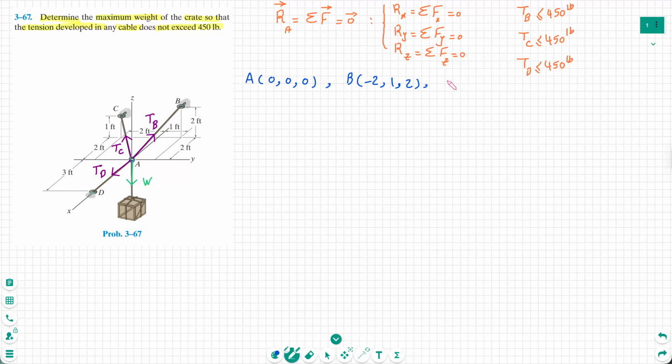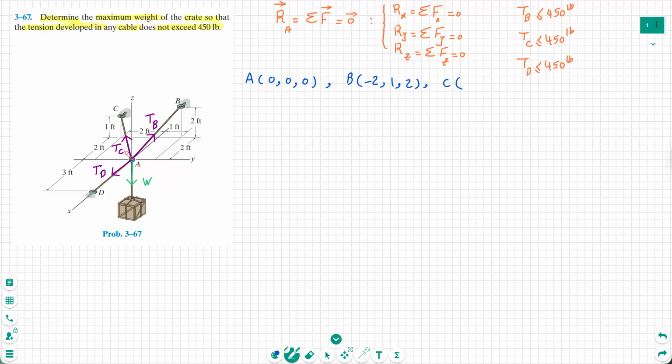The next is point C. The x coordinate of point C is negative 2, at the same distance.